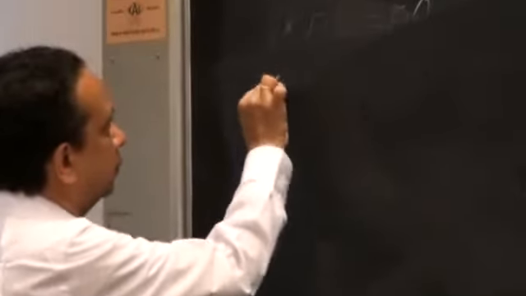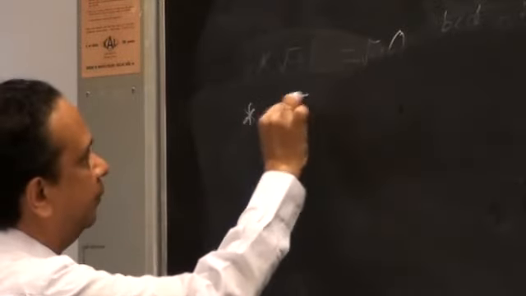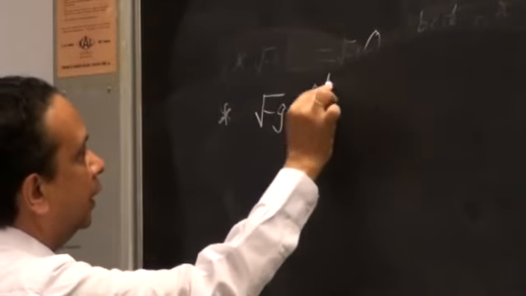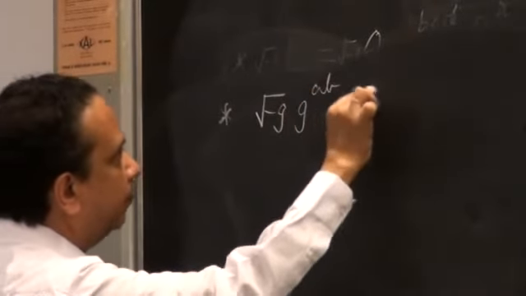First, the expression for delta R_AB, that is, root minus g G^AB delta R_AB.